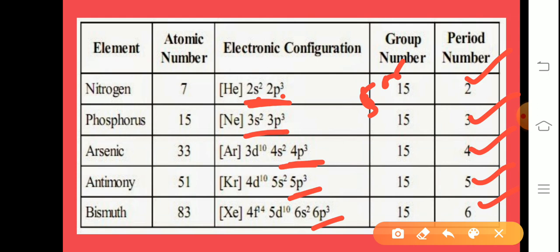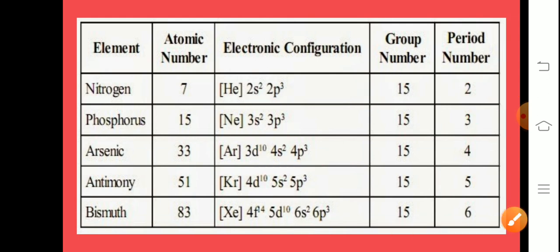The last two I told you: here 3 subshells are there, but you should consider the last 2, 2 plus 3, 5 or 15. Here also 2 plus 3, 5 or 15. Here also 2 plus 3, 5 or 15. So this is the way to find group and period. Now you are ready to find the group and period of any element. Okay, try children.